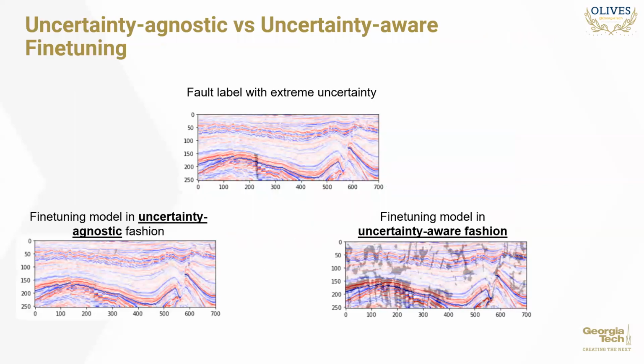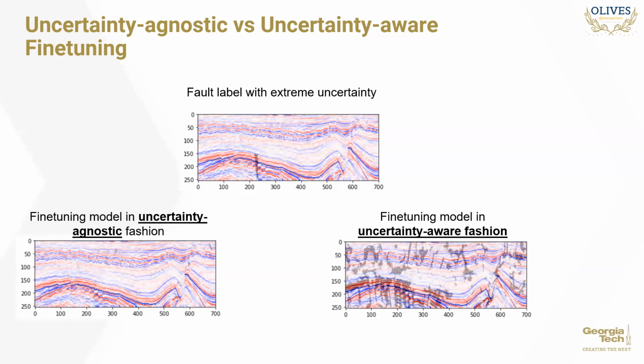And to demonstrate an extreme example where this happens, on the top, I have a seismic image that's been annotated by the interpreter for exactly one fault. So you can see a seismic image, and then there is exactly one fault that's been annotated on this seismic image. And on the bottom left, what I'm showing is that if I were to train my network on this seismic image in the conventional fashion, like it's normally done, what I end up with is a seismic image that has absolutely no fault predictions whatsoever.